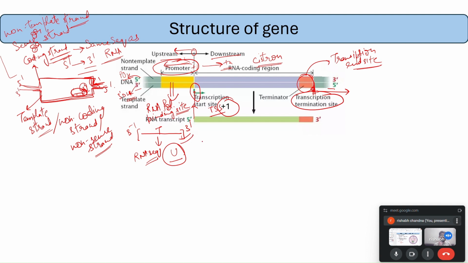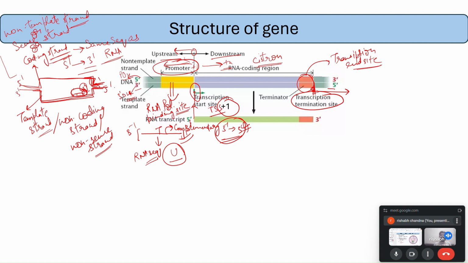And if they give the sequence of the template strand, then you have to code it in the complementary fashion and write the sequence in the 5 prime to 3 prime direction. This is how the questions are asked in competitive examinations, and this is the basic structure of the gene that we'll be discussing more about in the further slides.